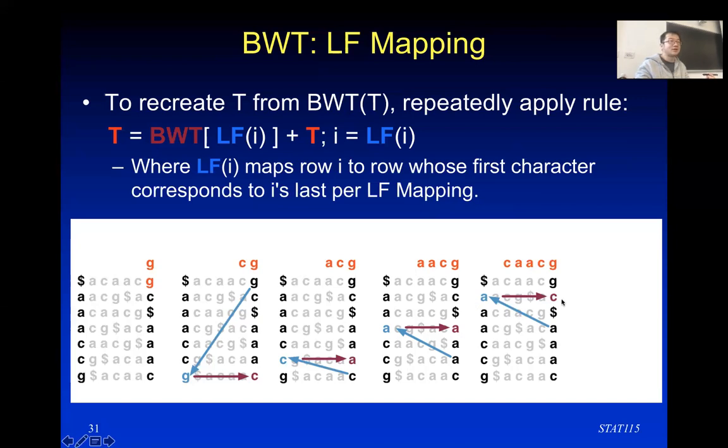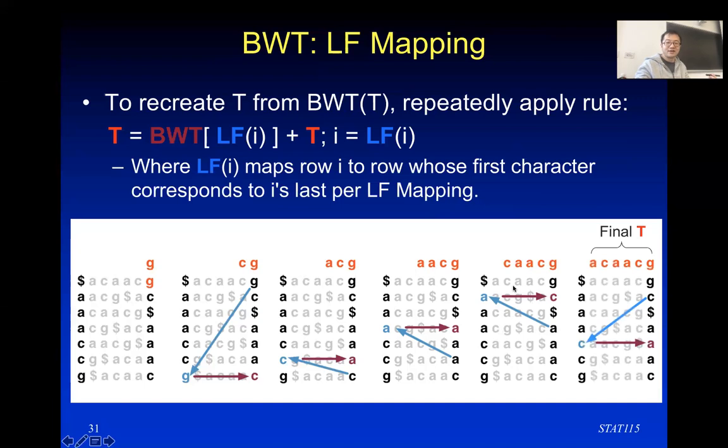And the C is the last column on that row, and then we add C to the reference genome. And after that, we add A, and then we finally retrieve our original reference genome. We are just applying the LF mapping again and again, and we reconstruct the reference genome.